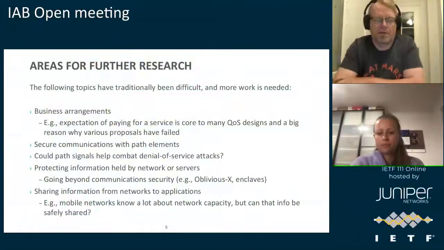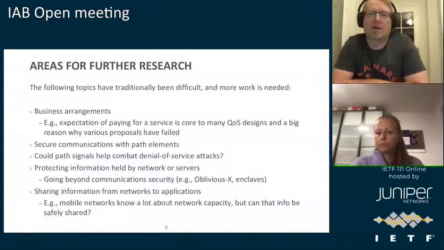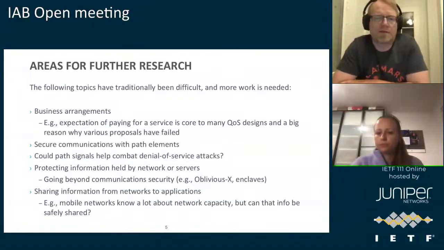So those on the previous slide were guiding principles that we can clearly enumerate. On this slide, we have a few topics where we believe that some further work is needed, and it's a much less clear situation, or some aspects of the previous slide also apply here, like security. One common topic here is the business arrangements.